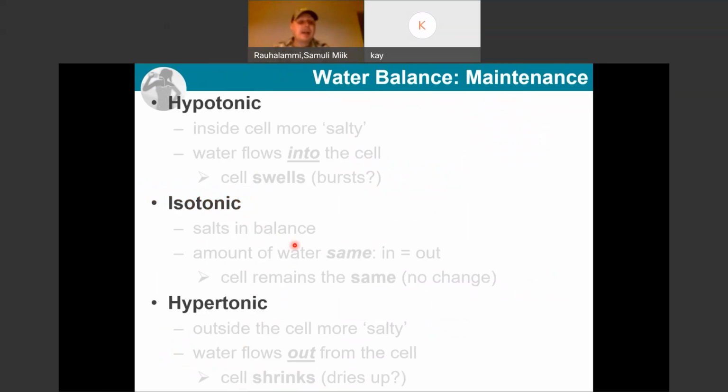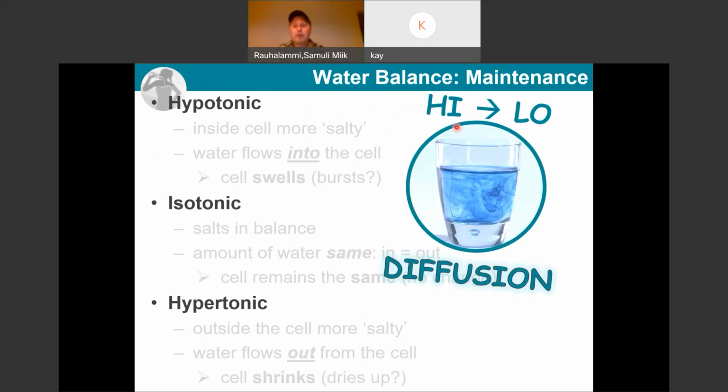And the next thing that we had a look at in the class was the concept of tonicity. You might remember tonicity from your 181 or 156 classes. What we're seeing here is based on very simple basic concepts. You remember that materials move from areas of high concentration to areas of low concentration passively through the process of diffusion.